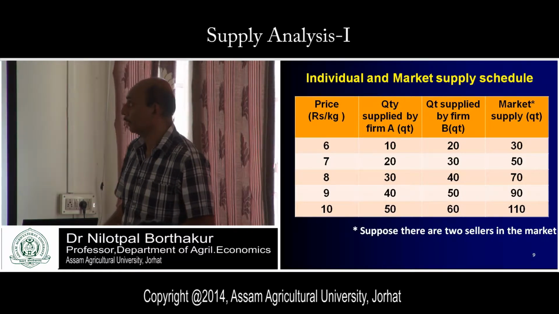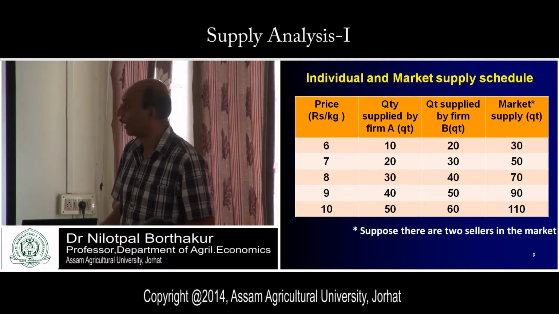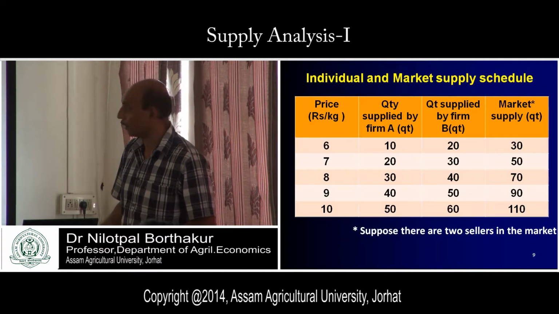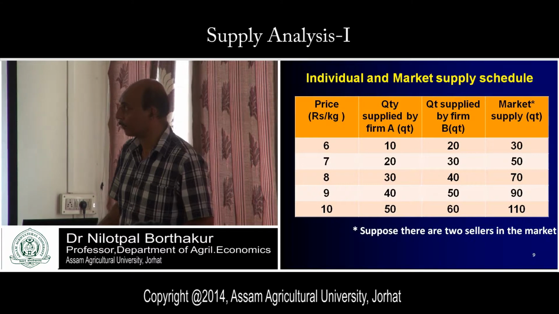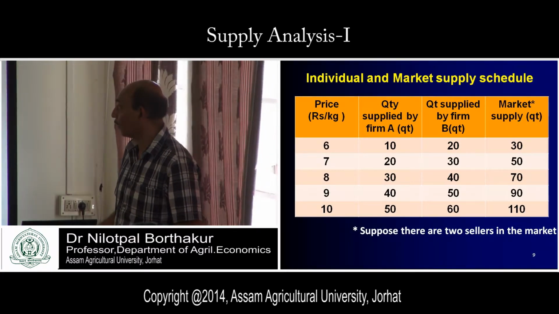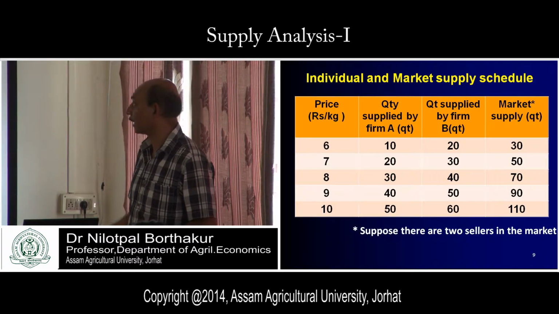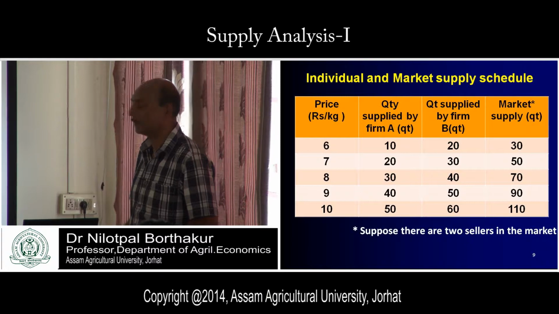So, quantity supplied by farm A plus quantity supplied by farm B. So, in the process, when price goes up from rupees 6 to 10, quantity offered for sale in the entire market increases from 30 quintal to 110 quintal.